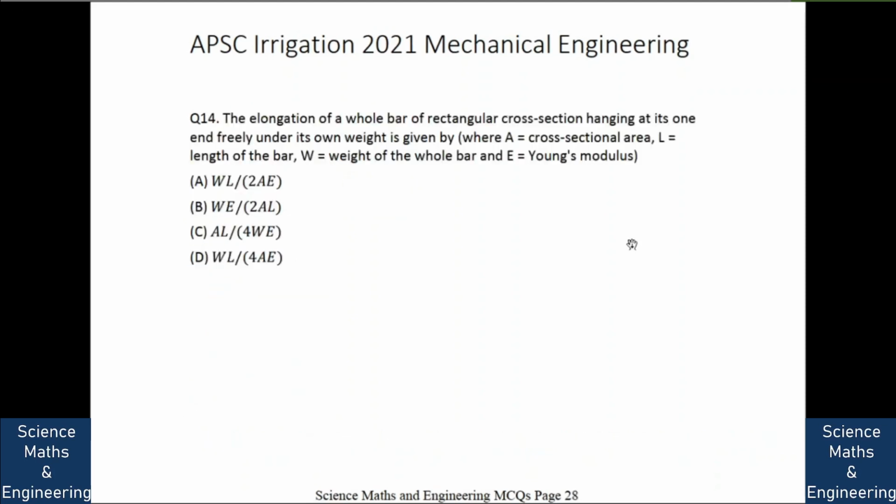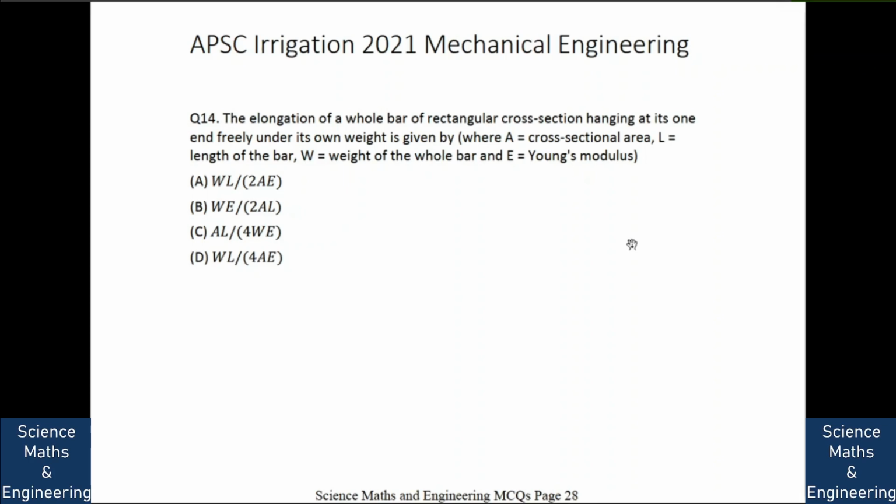The elongation of a whole bar of rectangular cross section hanging at its one end freely under its own weight is given by. So here we have a rectangular bar. Now it is hanging freely, and due to its own weight, how much it will elongate, that we need to find out.